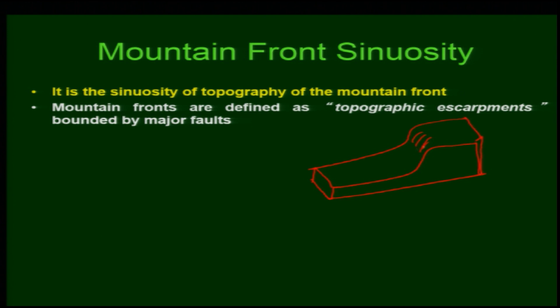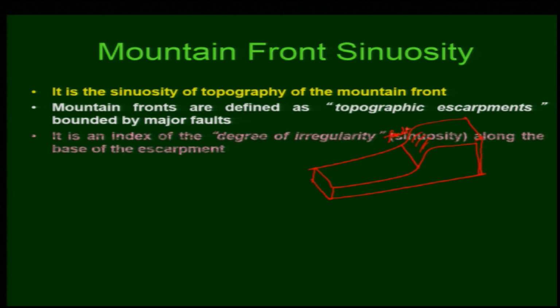So, this escarpment will be bounded by a fault here. And it is an index, okay, of the degree of irregularity, that is your sinuosity. As we were talking about the sinuosity of the channel, similarly here we talk about the degree of irregularity of the escarpment. So, how irregular the front is.